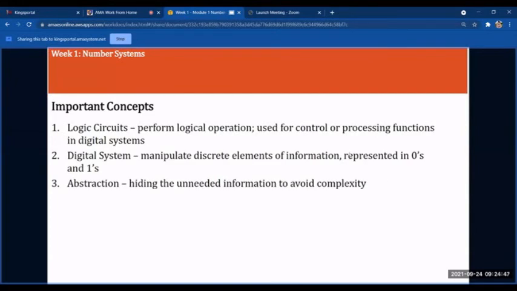Pag may nag-occur kang error o may dapat mong i-correct, the more na marami kang nakalagay, or the more input that you have, the more complex your program or system will be. So the important thing here is to make it simple, as long as the significant ones po yung ating nilalagay.